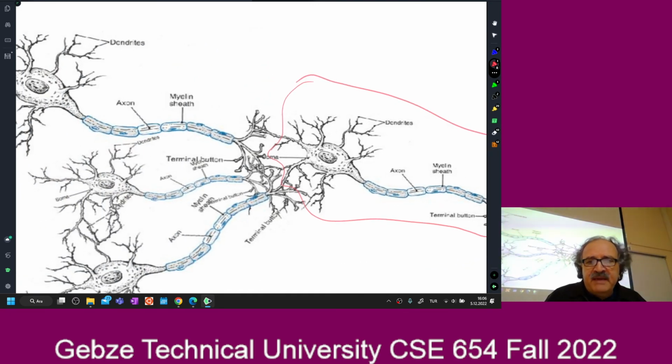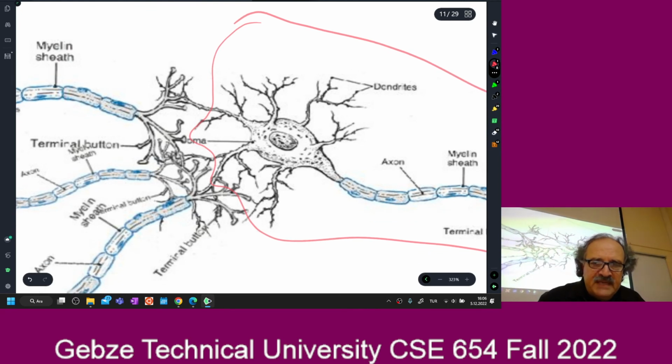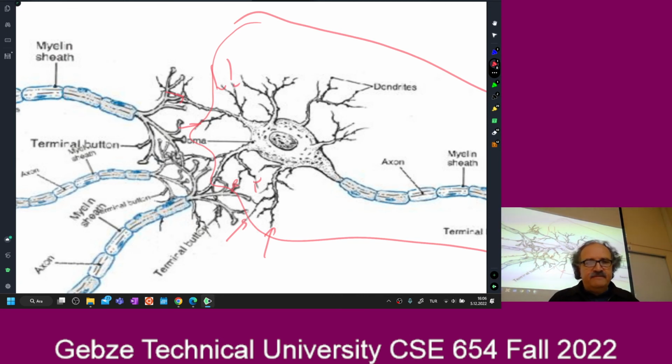Basically, they take inputs from this end. They are touching each other, right? These are the inputs for this neuron. Each input is multiplied by a different weight. In this case, electricity is transmitted between the cells.